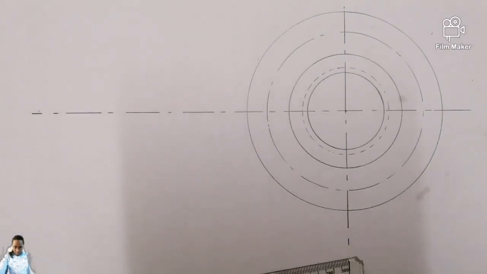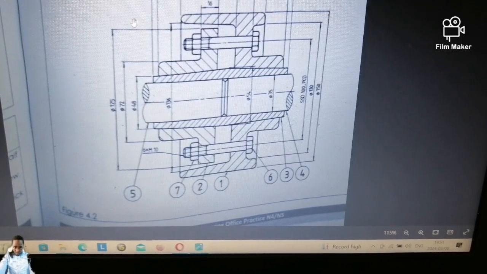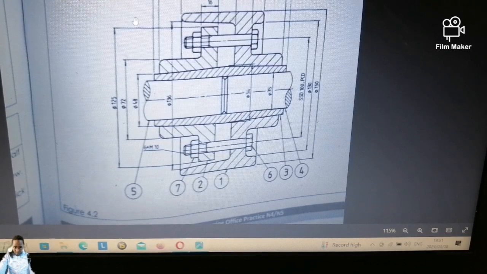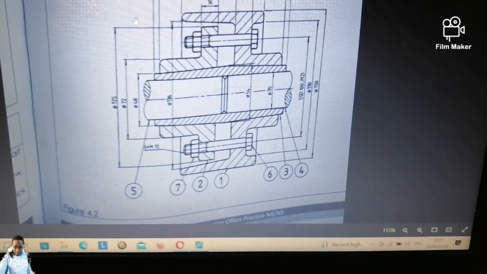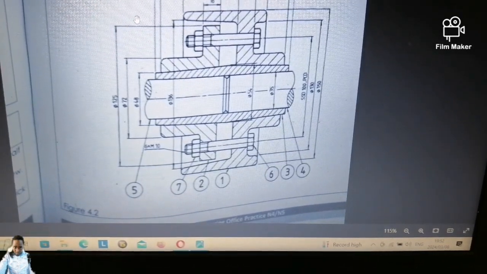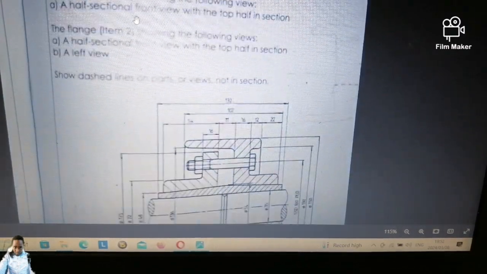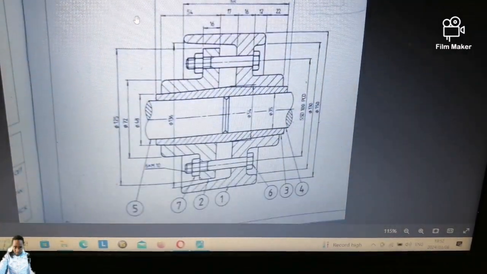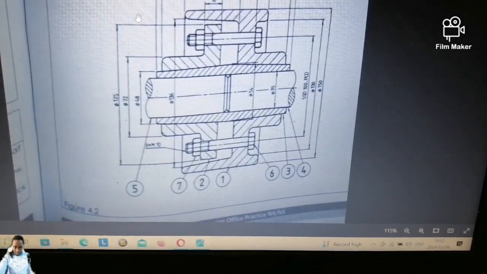Understand? So your left view, guys, is going to be like this, and we are going to have holes there. We don't know whether these holes are going to be 4 or 5, but as much as I am concerned, there must be 4. The other one, they cut it along, you understand.